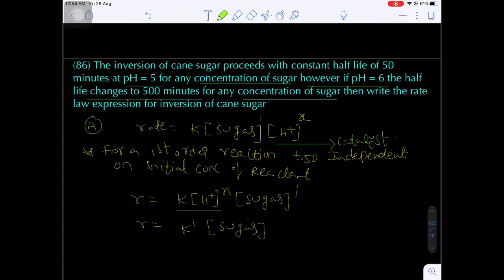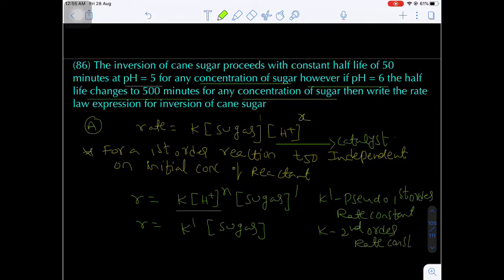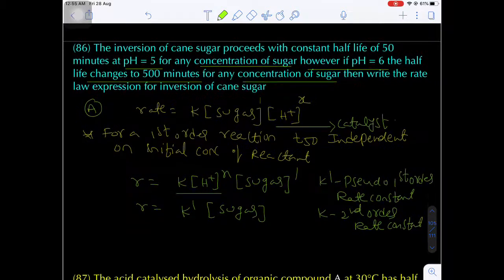Are you getting my point? Now here K dash will be the pseudo first order rate constant, whereas K is the second order rate constant.